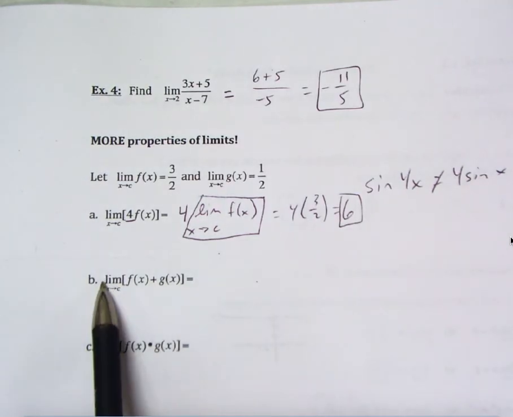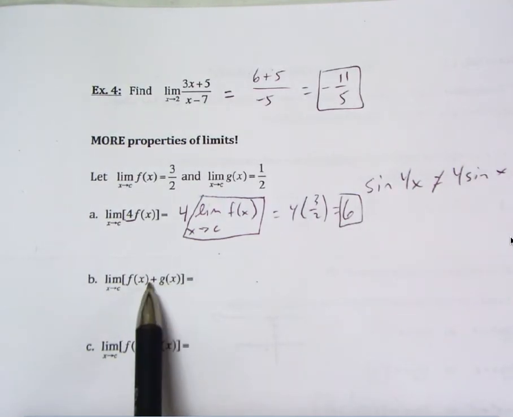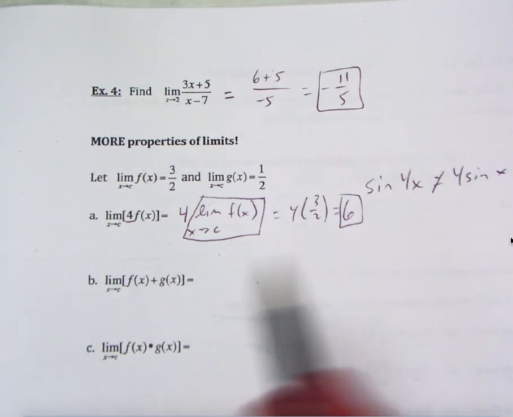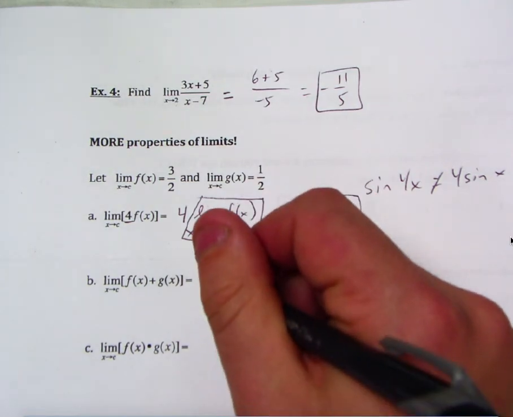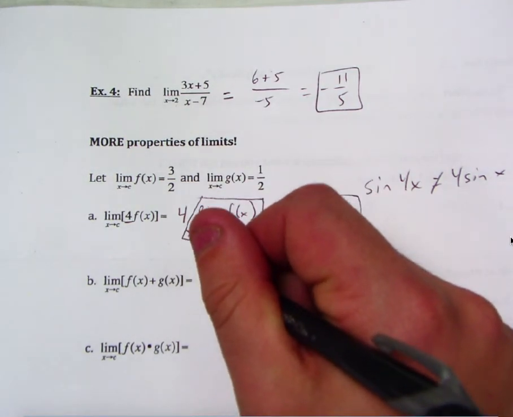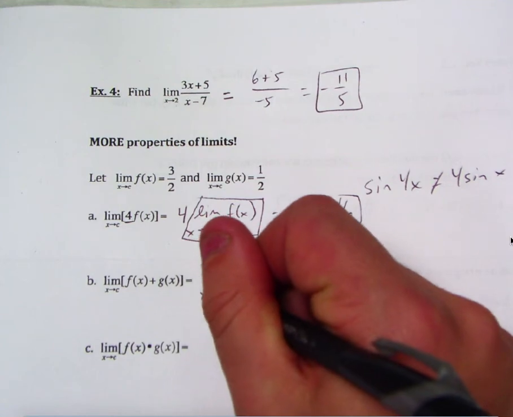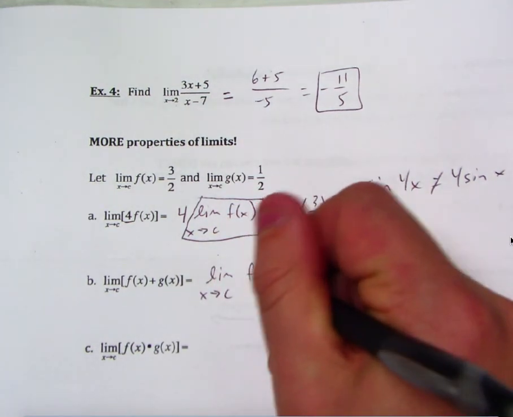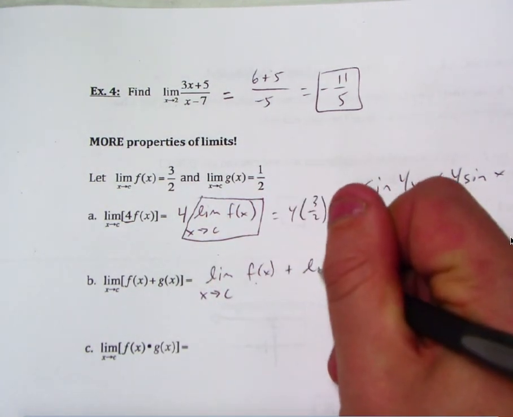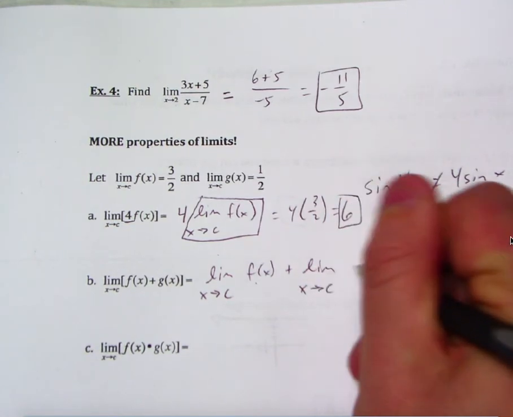If you have the limit of a sum or difference, so if you have functions being added or functions being subtracted, you can actually split this up into limits of each one being added or subtracted. So you could write this as the limit as x approaches c of f of x plus the limit as x approaches c of g of x.